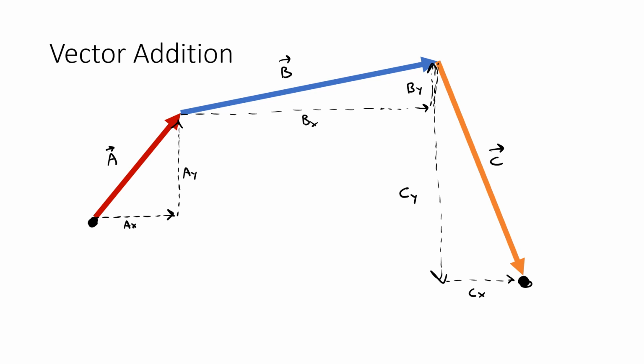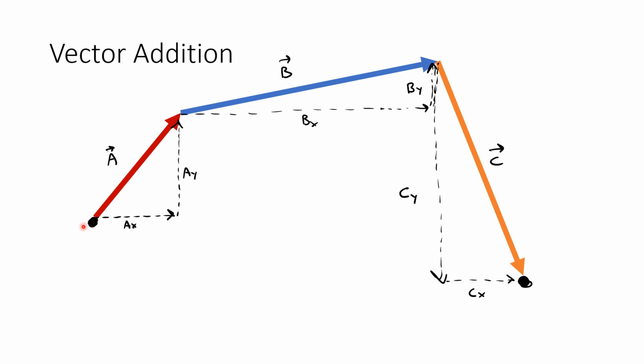Before I move slides, we can see that in order to get from this point over to this point, I have to move a distance of A x plus B x plus C x. That'll take me the horizontal distance all the way over. Now let's look at the vertical components.